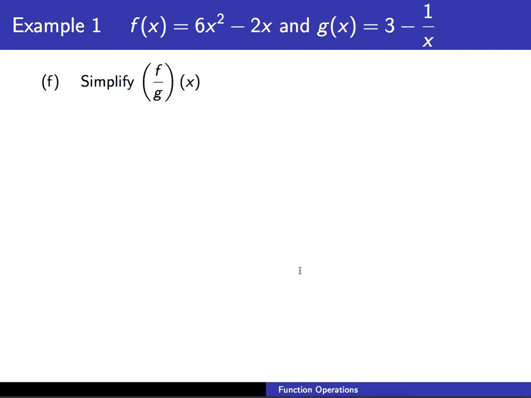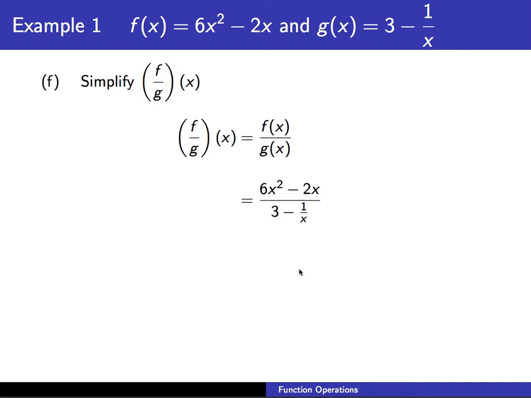All right, finally part f, f over g of x, which is f of x over g of x, is going to give us 6x squared minus 2x over 3 minus 1 over x. And we have a complex fraction here, so we're going to get rid of the tiny fraction denominator by multiplying the entire numerator and the entire denominator by this little tiny denominator of x.